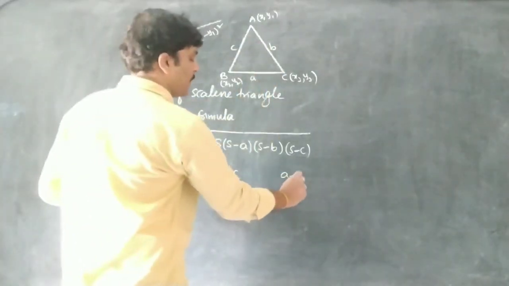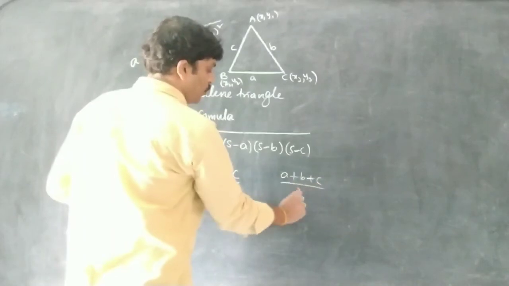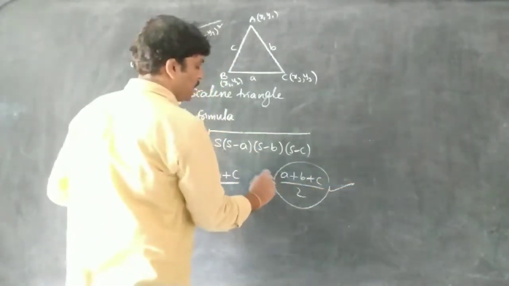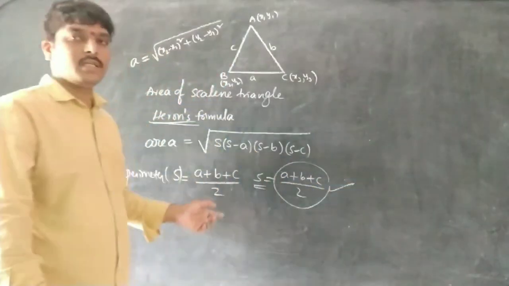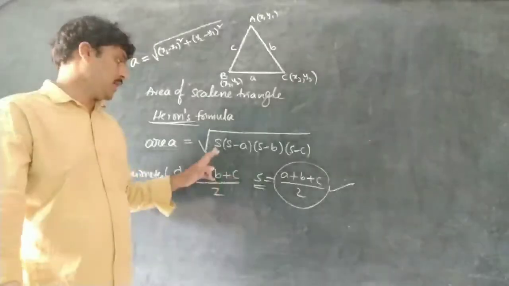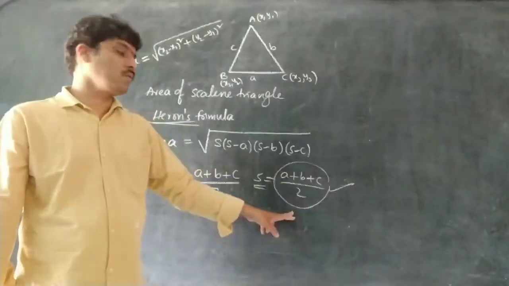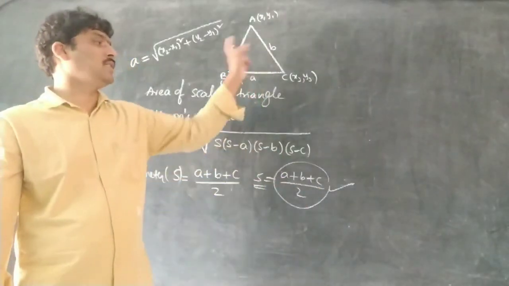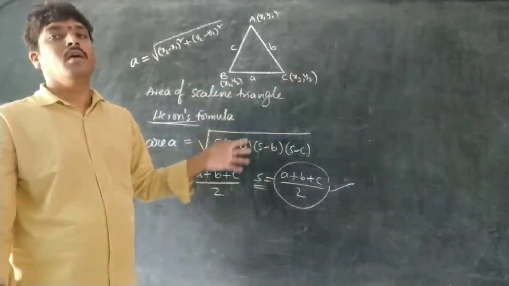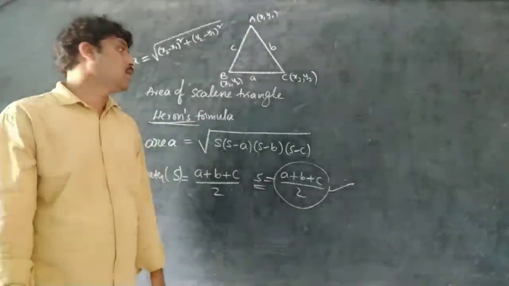This is called perimeter. By 2, it is semi-perimeter, that is denoted by S. S is called semi-perimeter. Here S is a plus b plus c by 2. a, b, c mean lengths of the sides. By using this formula, we will do 1 or 2 problems in this chapter.